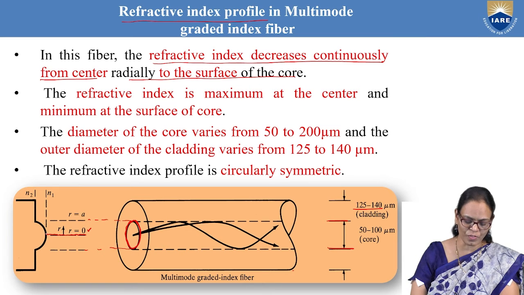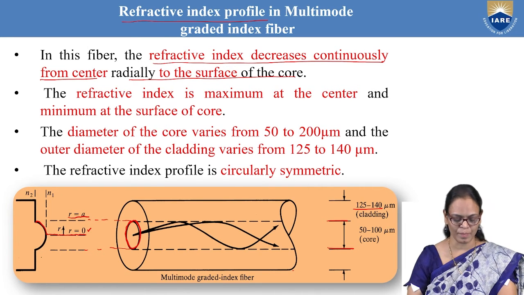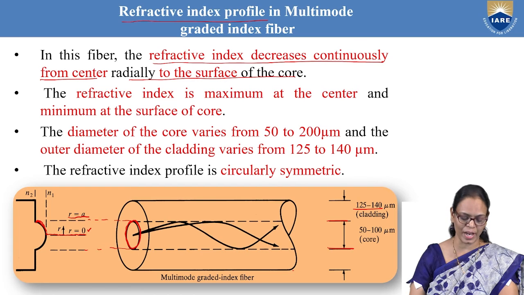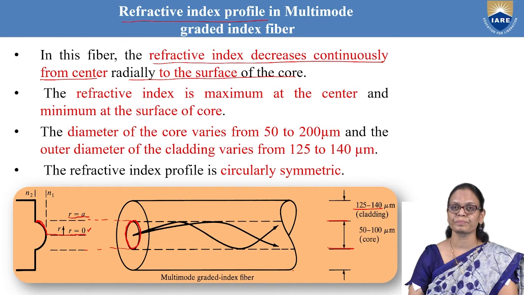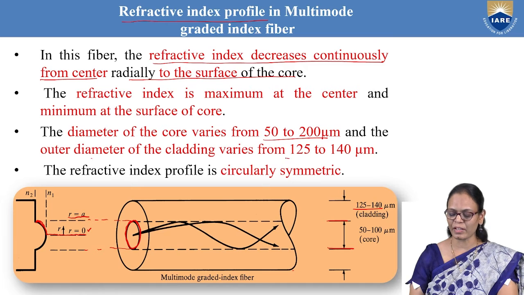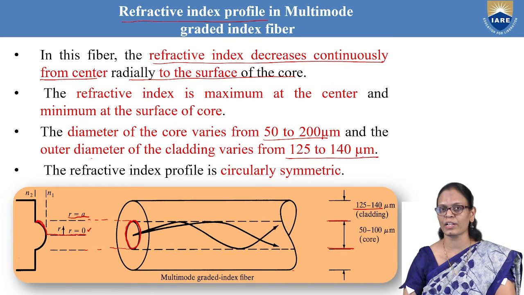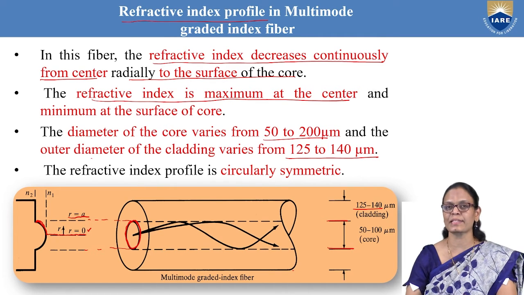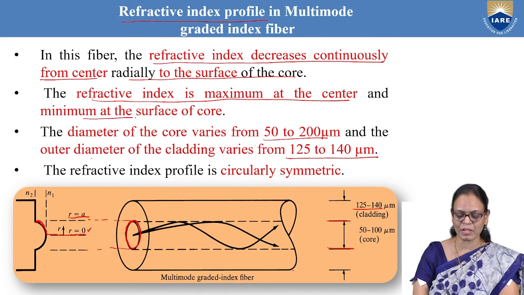And as you go from the center towards the edge of the core, the refractive index becomes A. So there is a gradual change in refractive index because at the center, if you are considering 0 and gradually increasing to A. So the diameter of the core varies from 50 to 200 micrometer and the diameter of the cladding varies from 125 to 140 micrometer. But what happens? The refractive index is maximum at the center and minimum at the surface of the core.